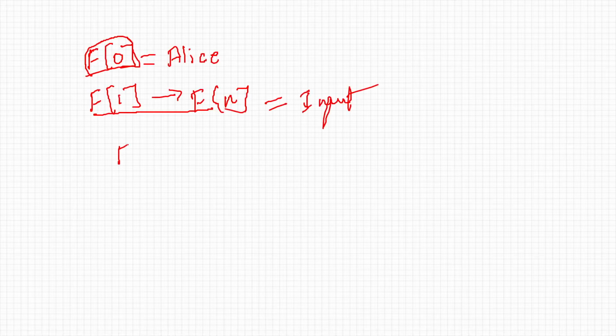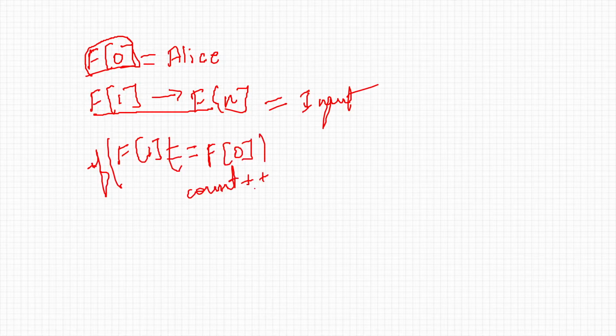You have to keep comparing f of 1 with f of 0. If f of 1 equals f of 0, you will not count it. Otherwise, you will increment the counter, or the mismatch count, or whatever variable you want to name it.